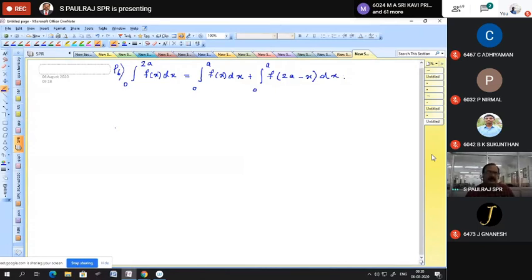For example, the problem is like this: integral 0 to pi of x dx. How to do the problem? Tell me.